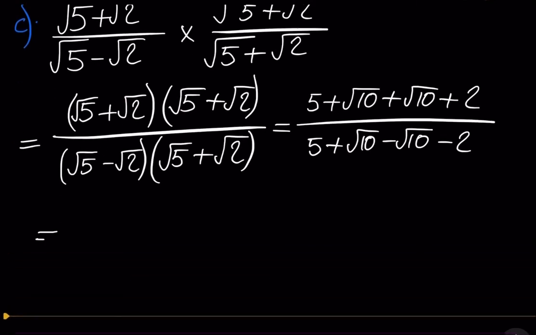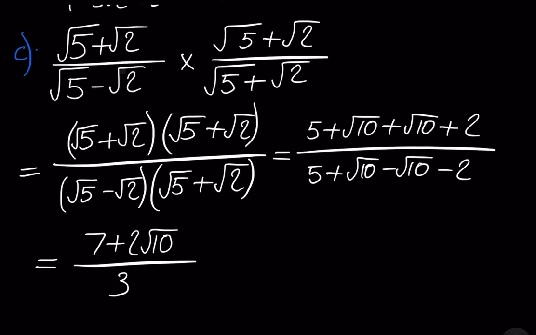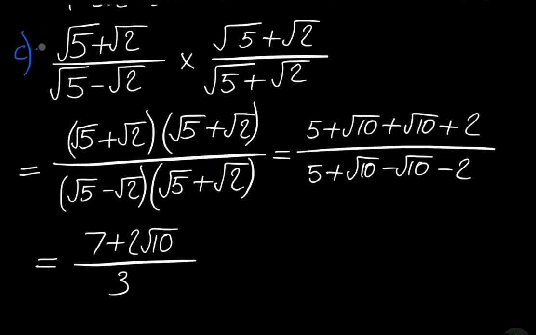And then simplifying the numerator, we end up with 7 plus 2 root 10 all divided by 3, because the root 10s cancel out and 5 minus 2 is 3. And we have removed the surds from the denominator, and as a result this fraction has been rationalized, and this here is the final answer.